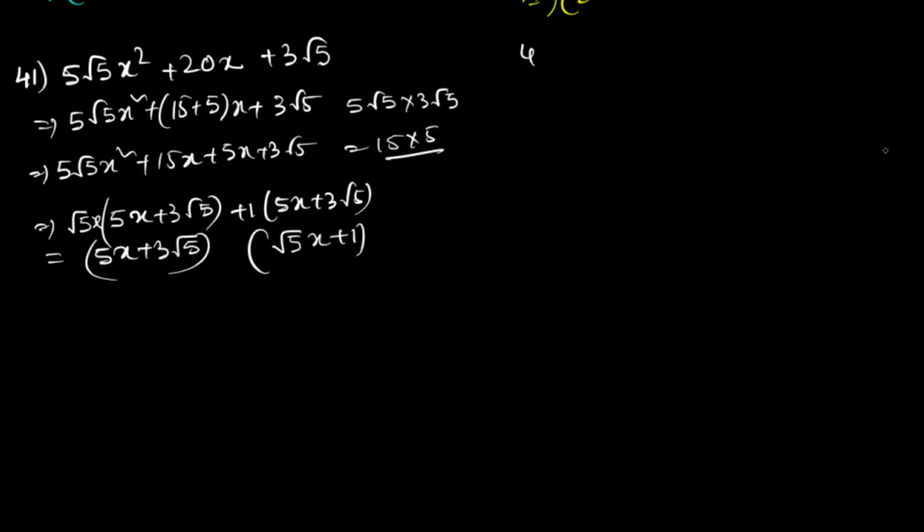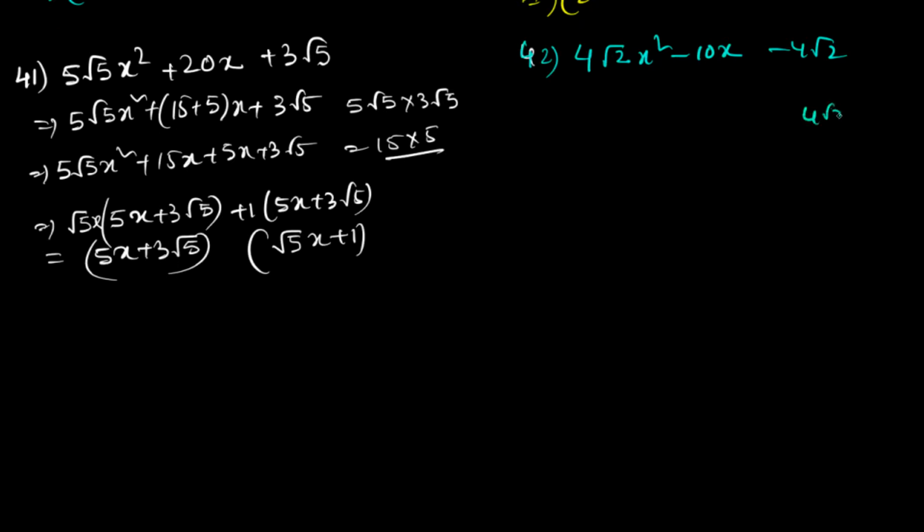Question number 42. The question number 42 is given 7 root 2 x square minus 10x minus 4 root 2.